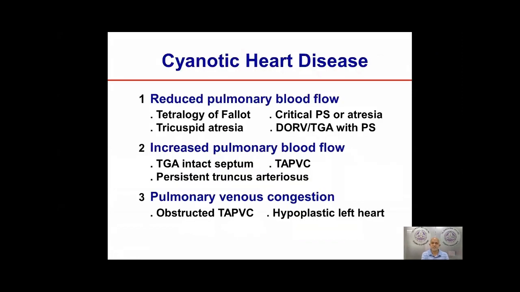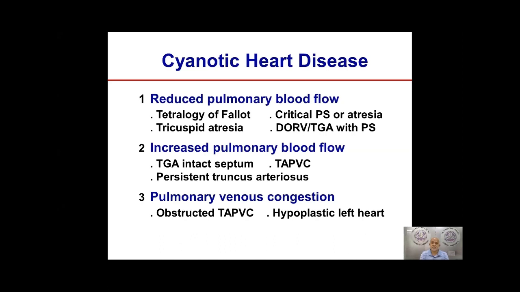So if I see a child with cyanotic heart disease, first I need to decide: is it reduced pulmonary blood flow or increased pulmonary blood flow? As I told you, the most critical thing in neonate and infancy is increased pulmonary blood flow, so-called TGA with intact septum or TGA with VSD, TAPVC, persistent truncus.